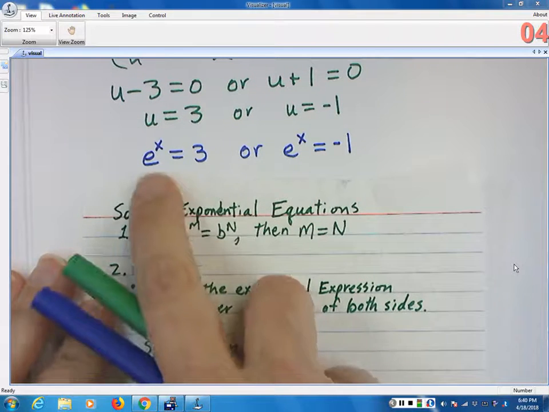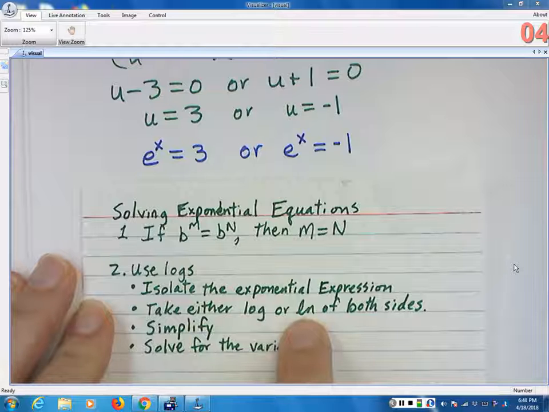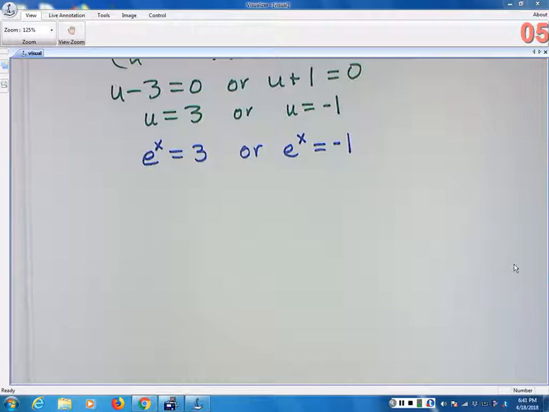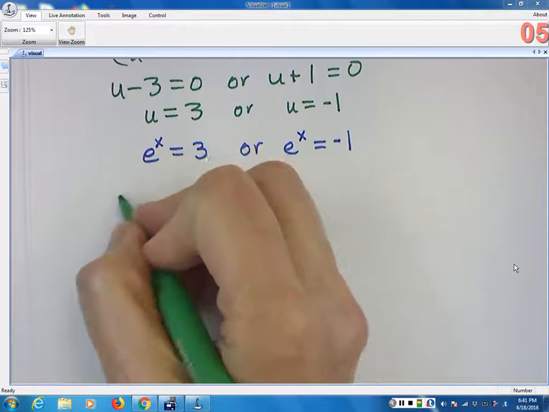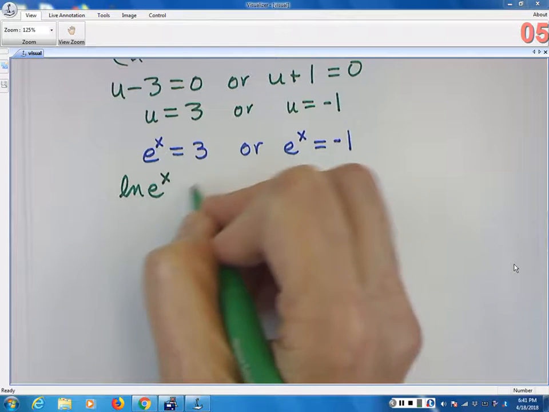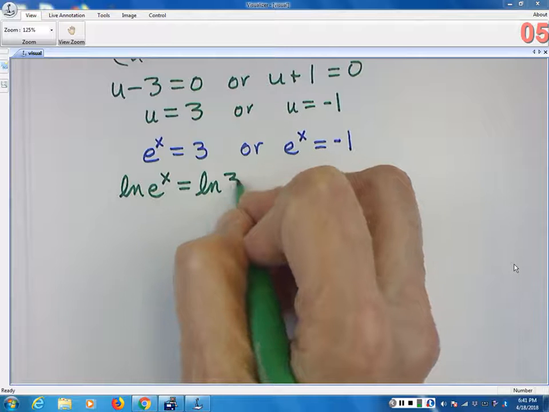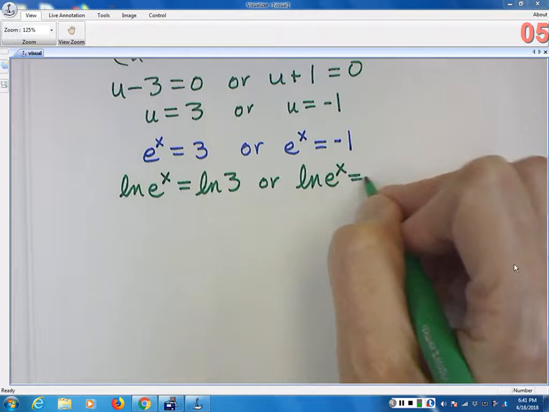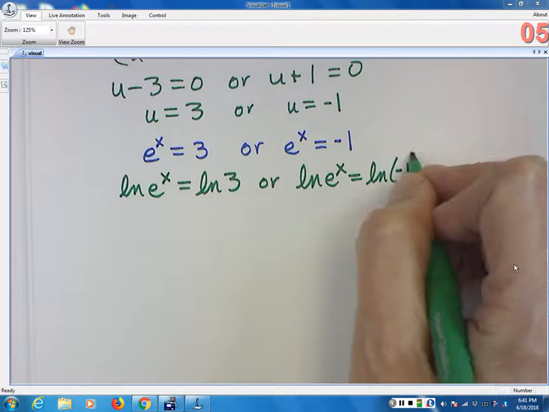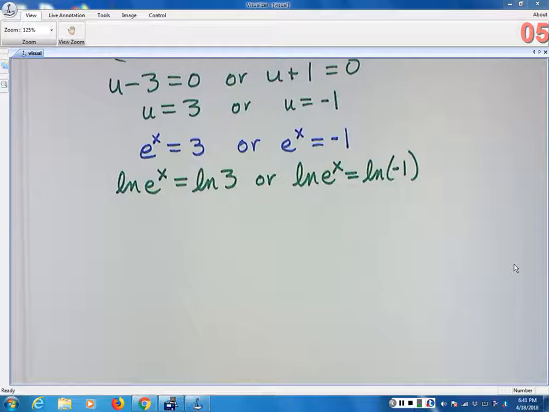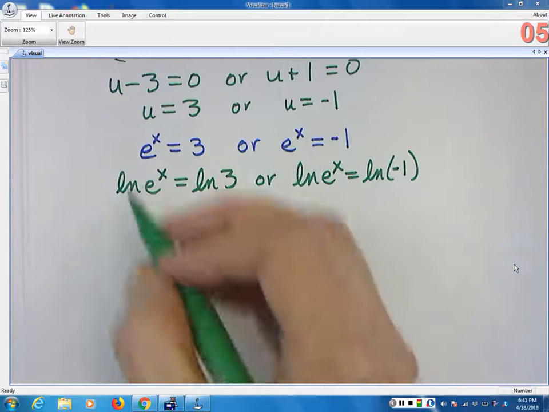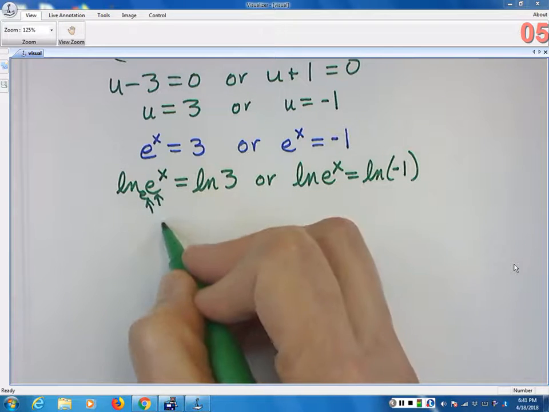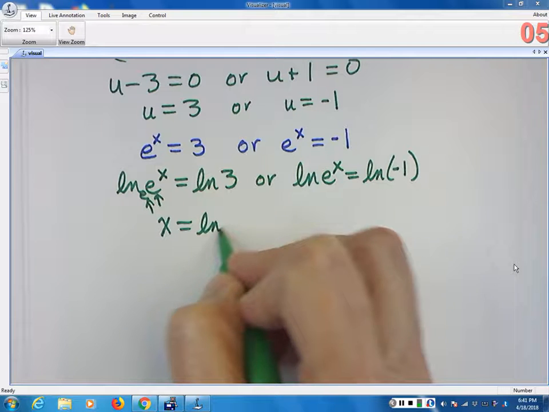Because we got e's, we're going to take the natural log of both sides. So we've got the natural log of e to the x equals the natural log of 3, or the natural log of e to the x equals the natural log of negative 1.